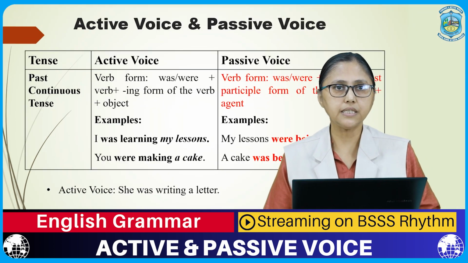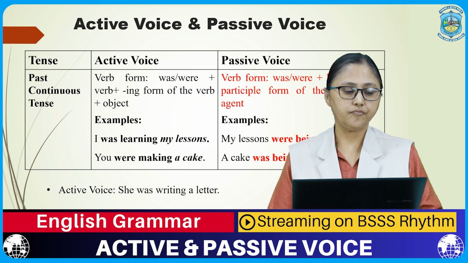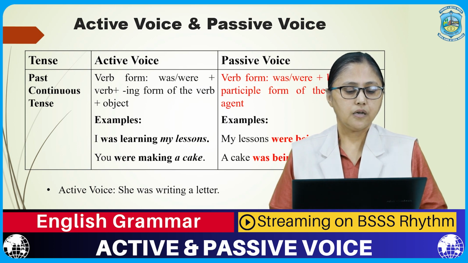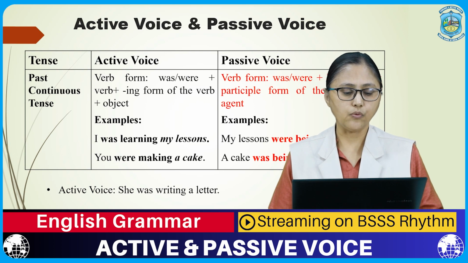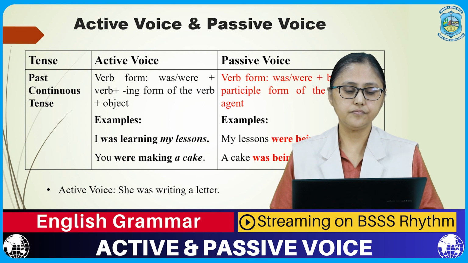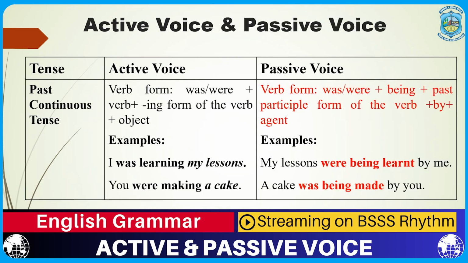Next we have past continuous tenses. So, we have two sentences, both are in active voice. I was learning my lessons. You were making a cake. We will change them into passive voice. Apply this formula. Again, was, were depending on the subject.